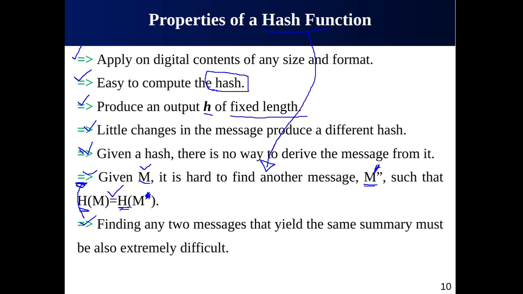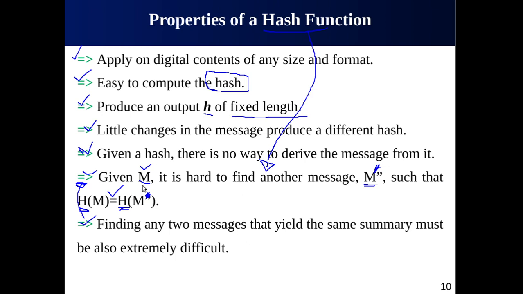But first let us see the last property, what it says. According to the last property, it is going to be extremely difficult to find any two messages that will hash to the same value. You can say that it is hard to find M1 and M2 such that both will generate the same hash value.